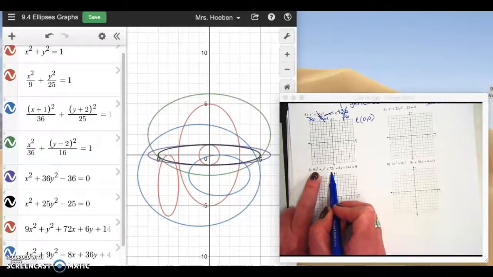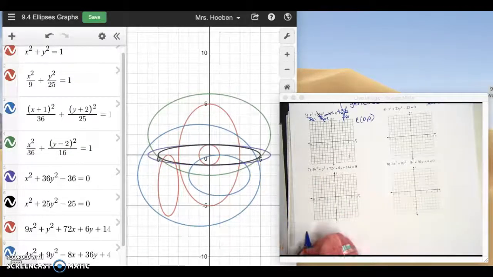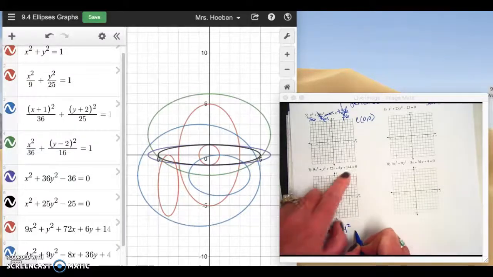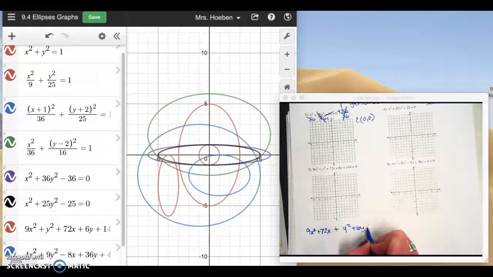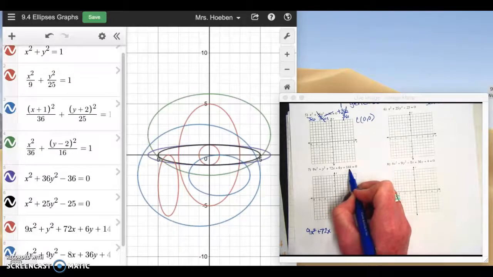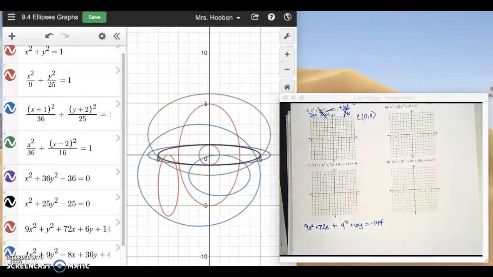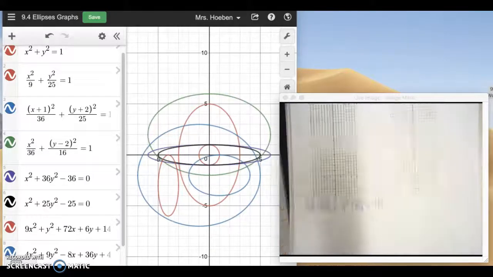Was it the circle we did it on? We're going to group the 9x squared and the 72x together. We're also going to group the y squared and the 6y together. And I'm already going to move this 144 over to the other side, just because I can. But you could do that in a separate step, right?